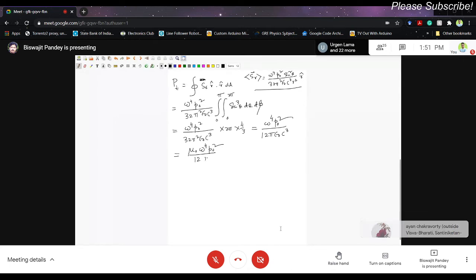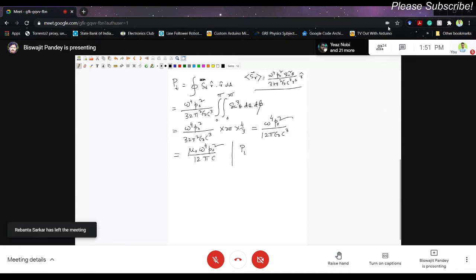So the conclusion is that the radiated power, the total power radiated by an oscillating dipole Pt, is proportional to omega to the power 4 and also proportional to p0 square. P0 is the intrinsic dipole moment, right? And omega is the frequency with which the dipole is oscillating.